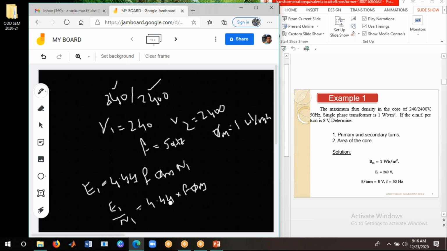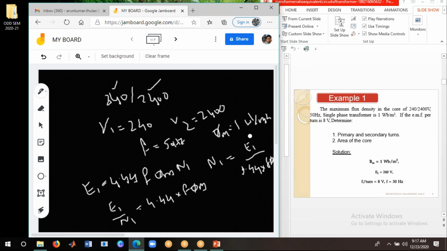Finally, the number of turns: you can write N1 is equal to E1 divided by 4.44 f phi m. So this is the equation for finding N1.